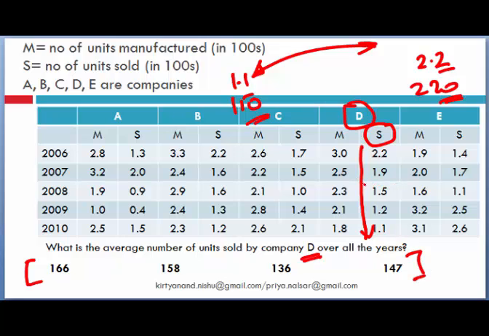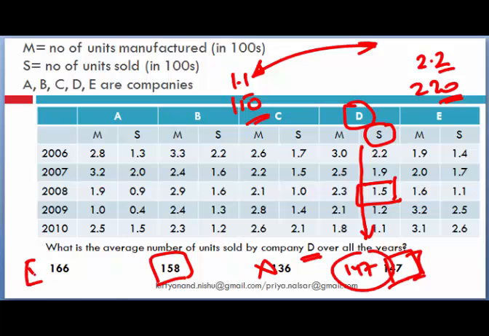Now we see that if you lay it down, 1.5 is the median number. If I look at the spread of these numbers, the average should be anywhere around this number. There are two numbers around this, 158 and 147, so I have to find the right answer between these two. The other two numbers are automatically eliminated, because you can see the deviation from 1.5 to 1.1 is 0.4, and here that deviation is 0.7.